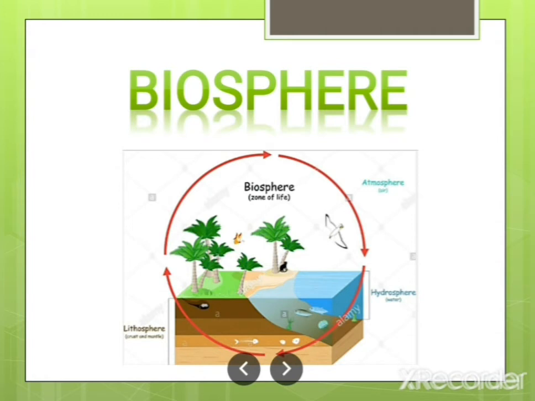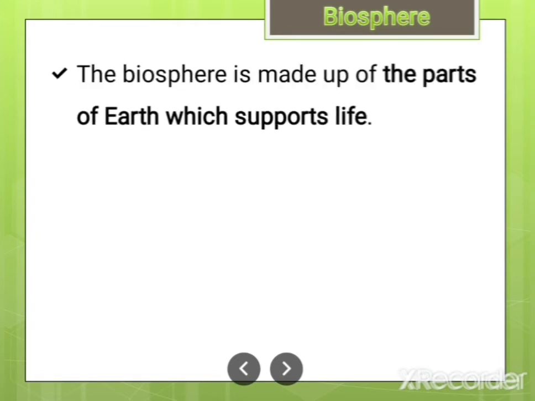Next topic is biosphere. From the massive blue whale to the giant trees, from the tiny ant to the grasses, and humans, Earth is home to all living things. The biosphere is made up of the parts of Earth which support life.